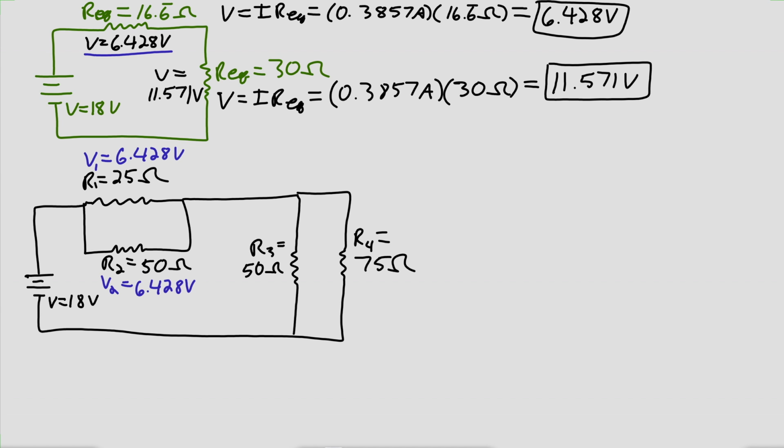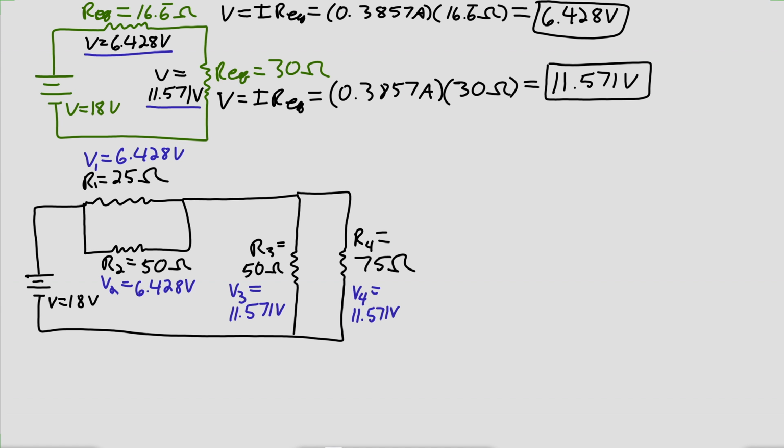And the other idea I have here is the voltage drop across the second equivalent resistance, 11.571 volts. So that is the voltage drop across V3, 11.571 volts, and that is also the voltage drop across V4. So V4 is 11.571 volts.